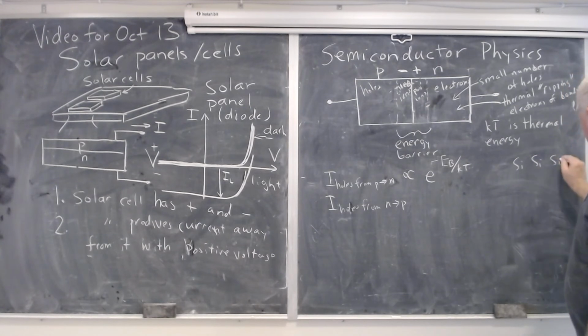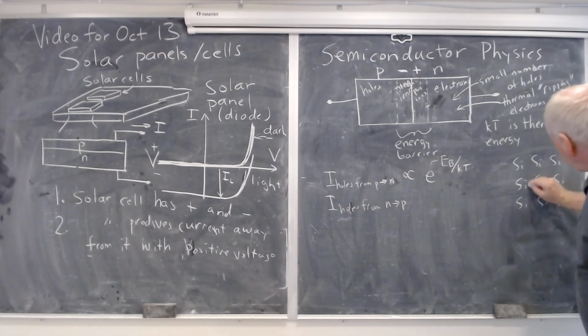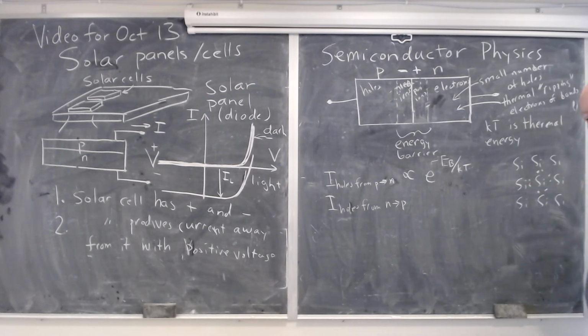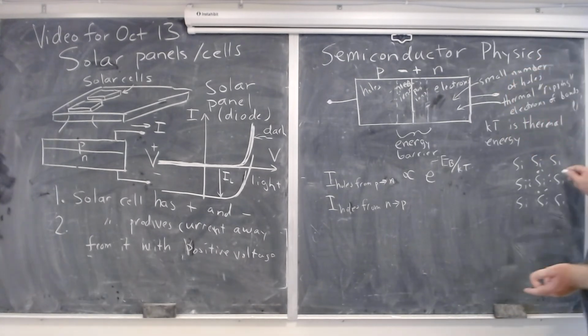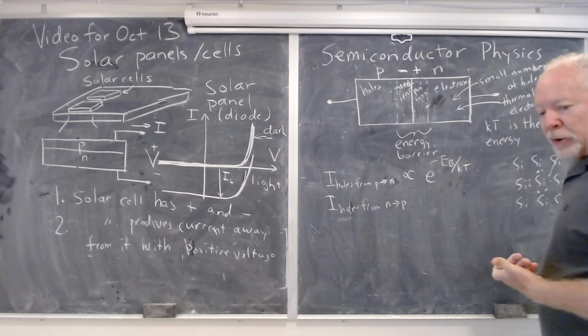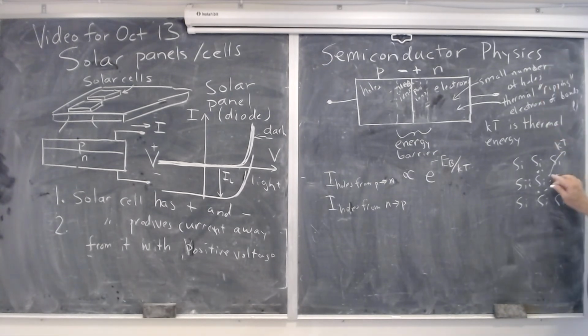Silicon. Let's just imagine there's a bunch of silicons here. And I said there's these valence electrons, and I said they're locked up in bonds, so they can't do anything. But they can, because at room temperature there's enough thermal energy that they can rip off of a bond. And so when they do that, they leave a hole behind.